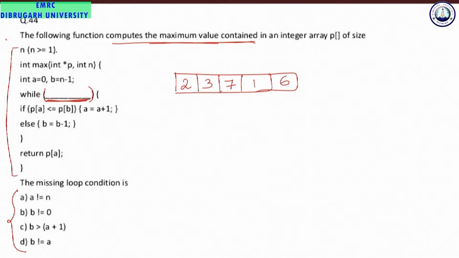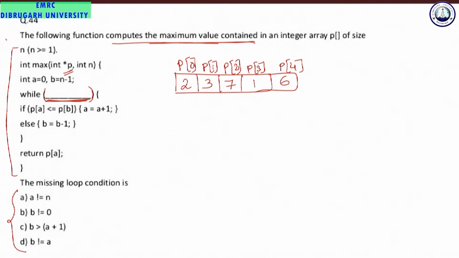As p is the pointer being declared here, we can write this as p0, p1, p2, p3 and p4.